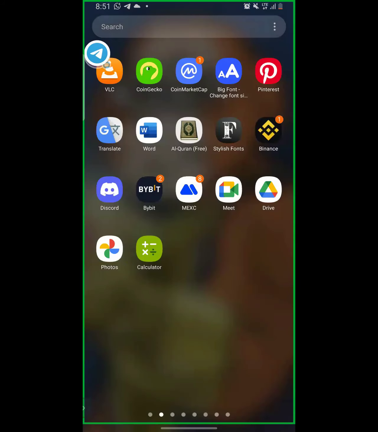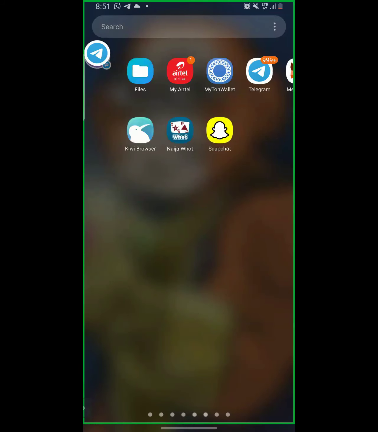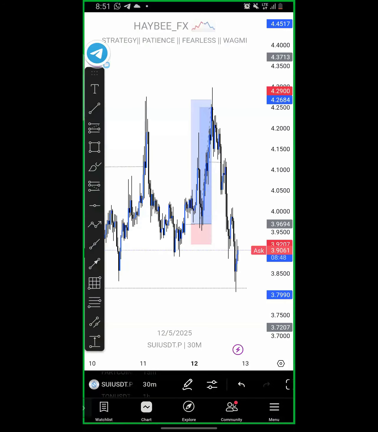Okay, let's try and check some of the entry models now. So I'll just try and combine. Okay, now. As I was saying, I think this trade should be on. Let me check.